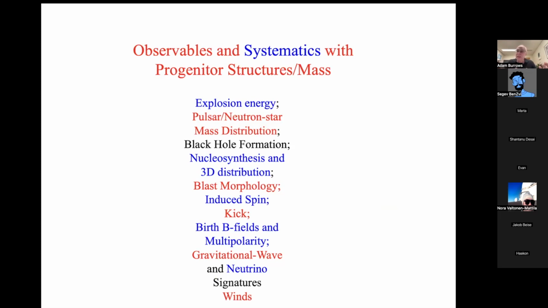In comparison, most people don't go beyond 1 second in their simulations or half a second, with very few exceptions, usually dumbing down things at later times. We've been able to get the explosion energies, whether black holes form and in what context, the nucleosynthesis, the morphology of the blast, the kicks, because there are recoils in these asymmetrical explosions, and many of the signatures, including the neutrino signatures.